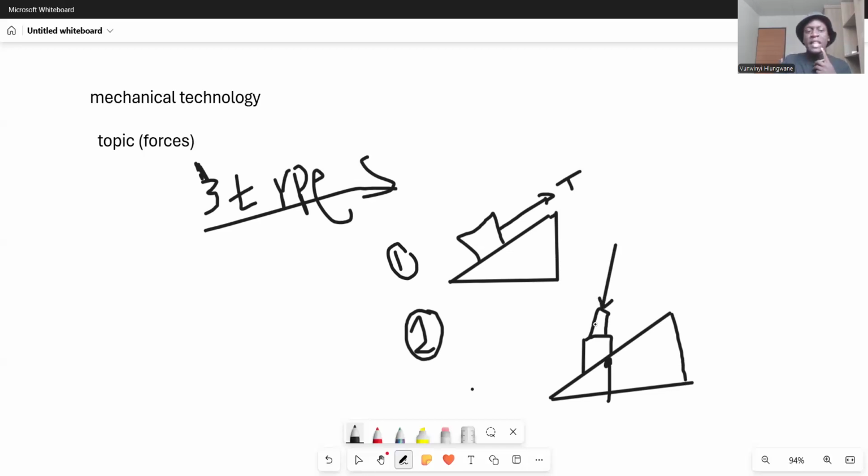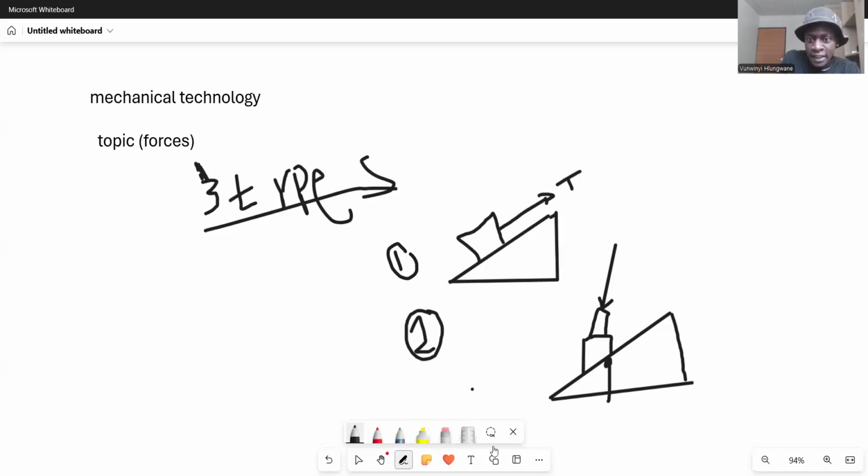Remember, this is compressive force. It's showing the force going down and another force going in the opposite direction. Obviously, if there is a force going down, there is also a force going up.